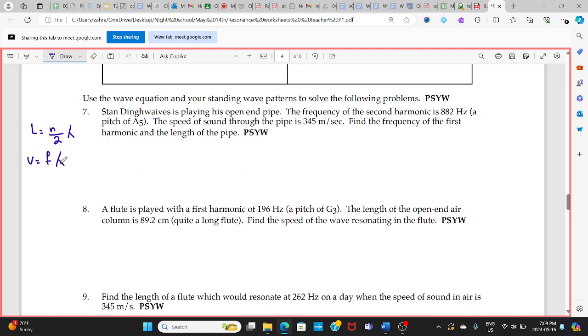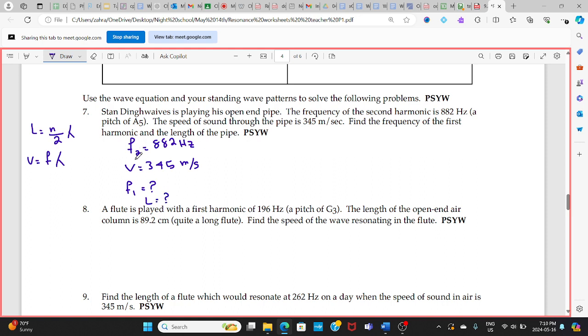The frequency of the second harmonic, F2, is 882 hertz. The speed of sound V is 345 meters per second. I'm asked to find the frequency of the first harmonic, and I'm asked to find the length of the pipe.